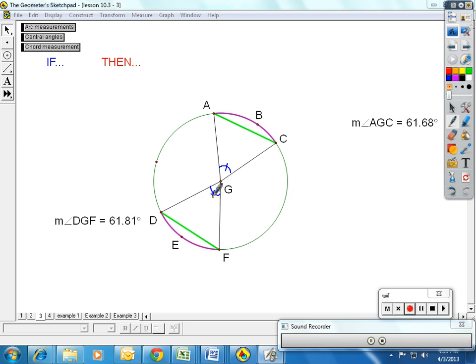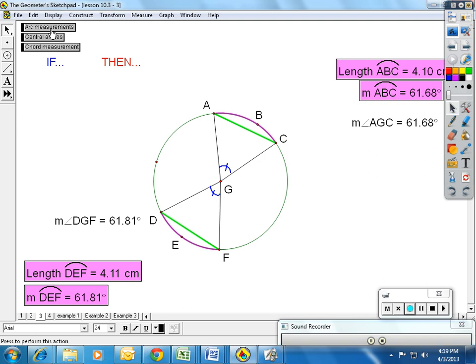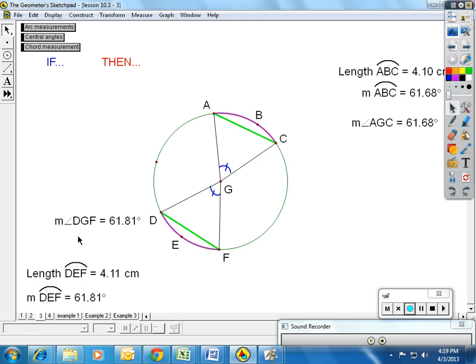If these central angles are congruent, what does that allow me to conclude about either my arcs or my chords? Let's go with my arc measurements. My arc measurements happen to have the same measure and the same length: 4.1, 4.1, measure 61.6, 61.8. That's pretty close. Therefore, these arcs are congruent.